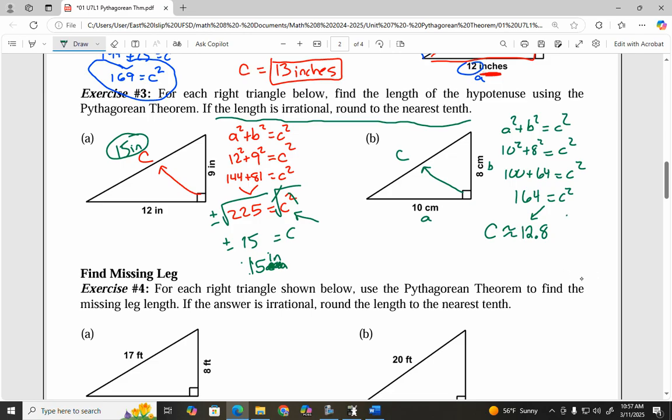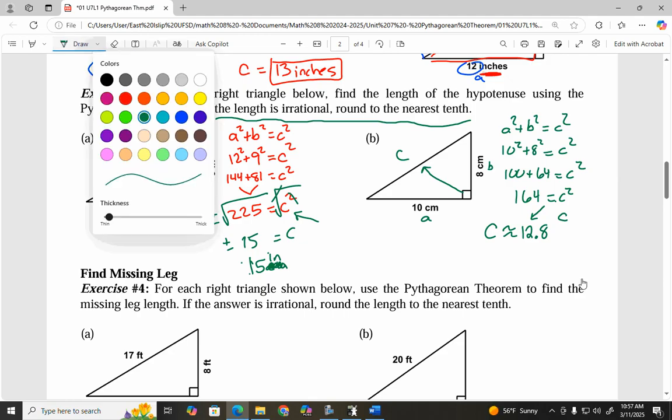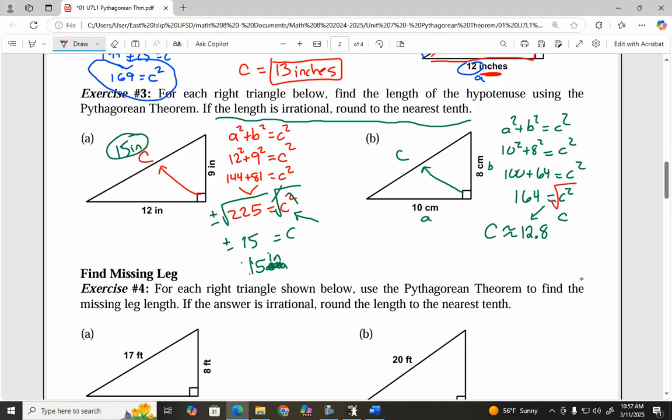Should I maybe have said that we do the square root of both sides like this? That probably would have been nice, but like I said, if I would accept this, then I have to accept it from you.